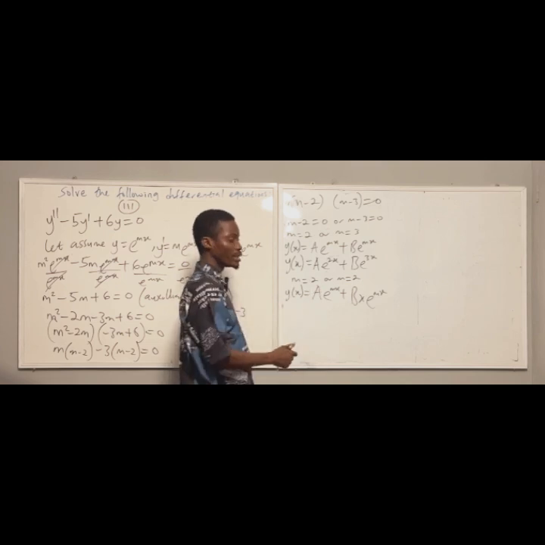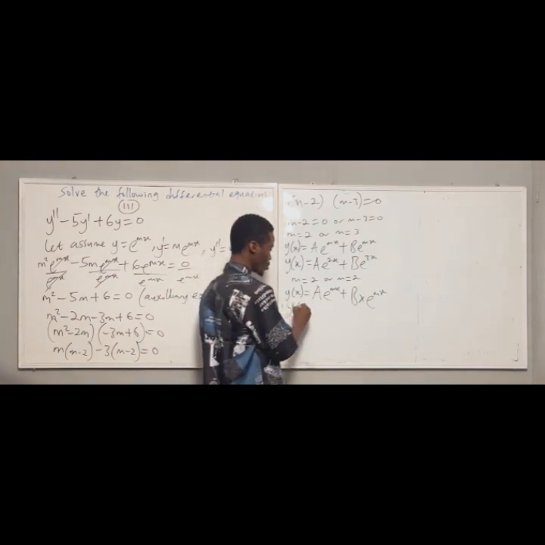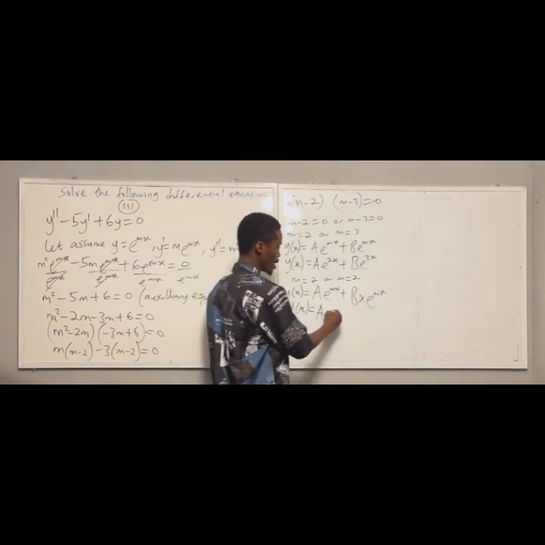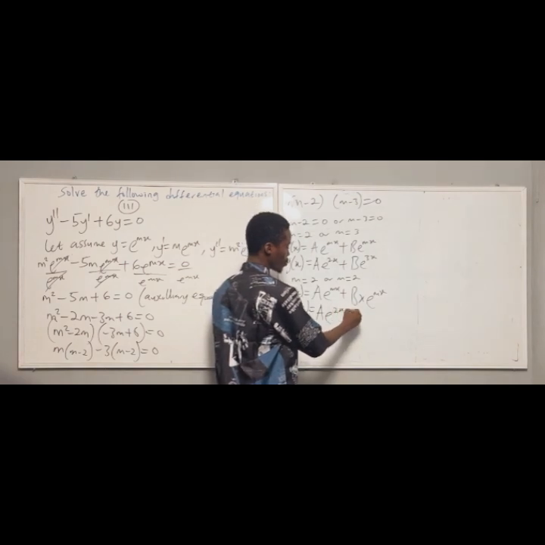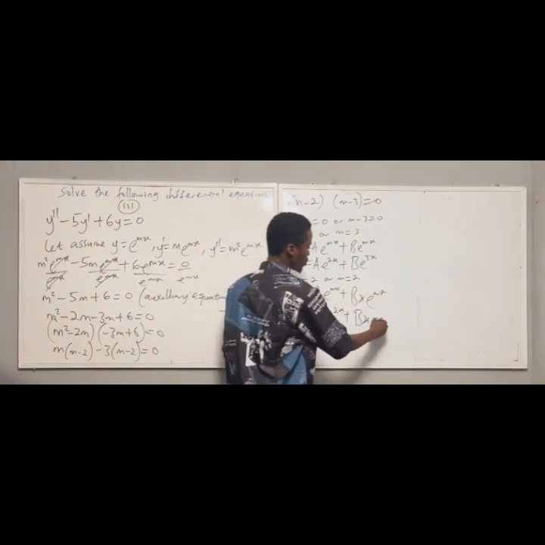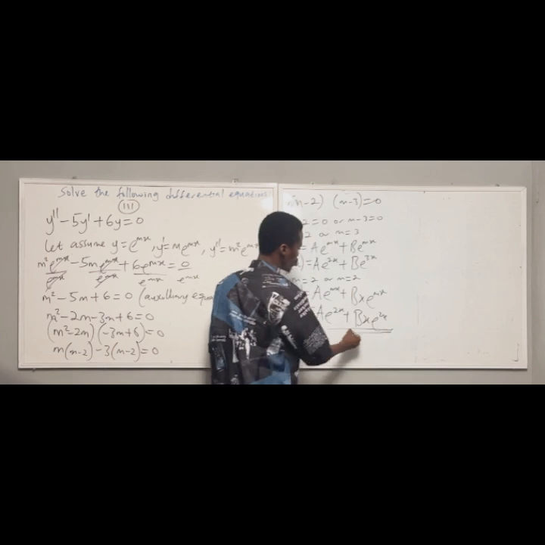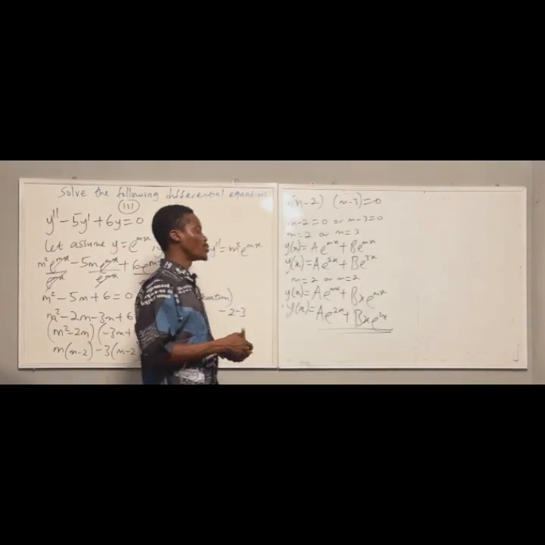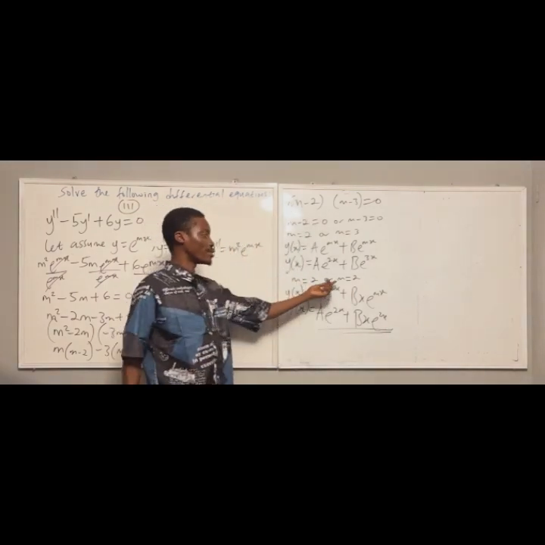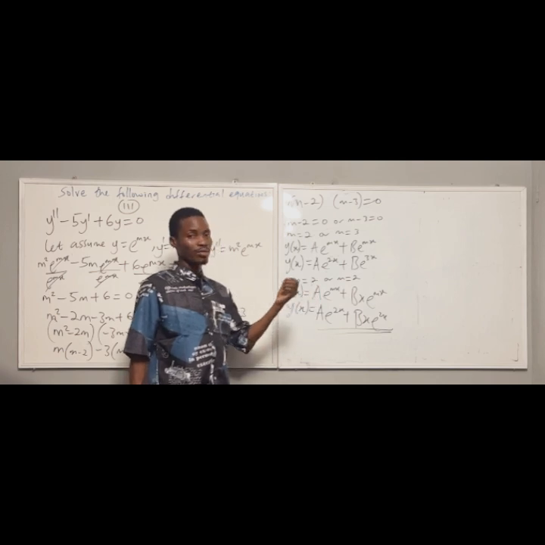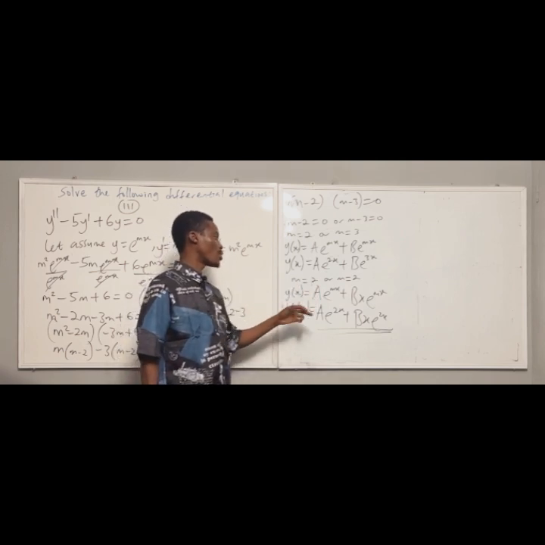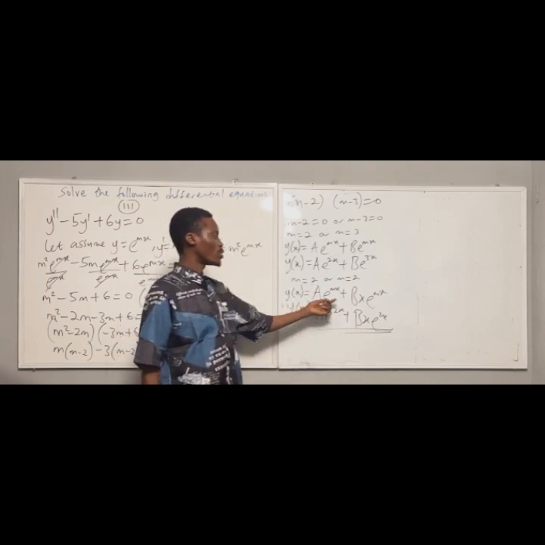So my y of x will now be a e^(2x) plus b x e^(2x). So if my real root is repeated, my general solution will be in this form.